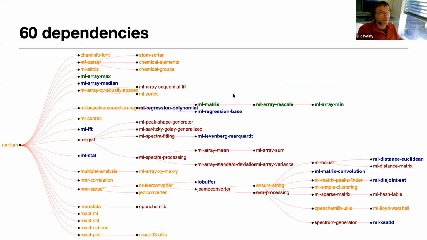If I take ml-matrix, we have several million downloads per year of this library. So the main advantage is that people are reusing those small libraries, and it means somehow it's debugged, or we outsource the debugging, because either people find bugs, file reports, or contribute to those projects.